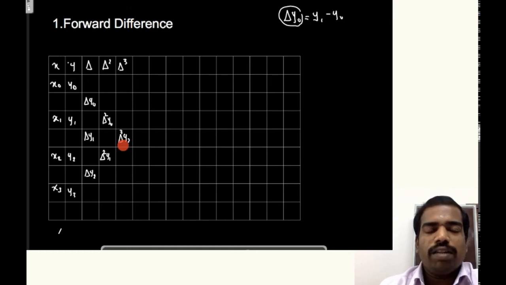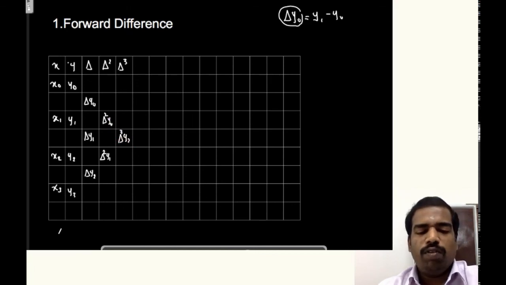The second order difference starts with y0, third order difference starts with y0, and also the fourth order difference will start with y0. So this is an important point. All higher order differences in forward difference operator start with y0. Clear?